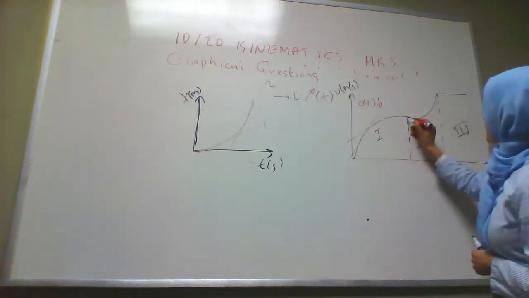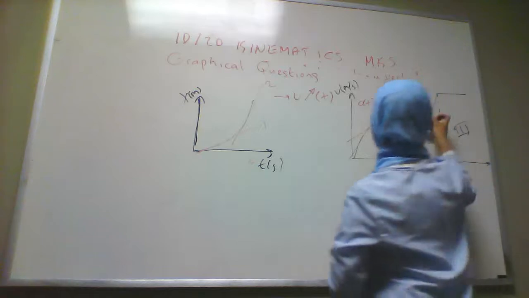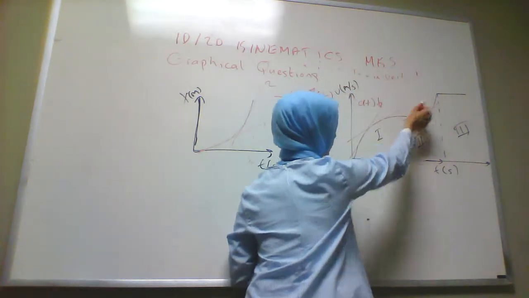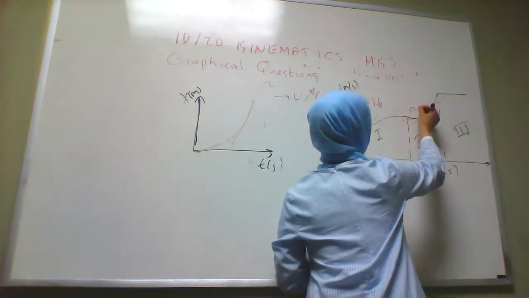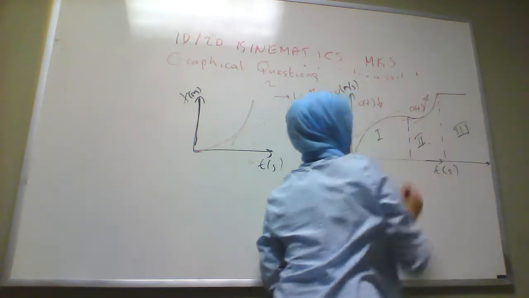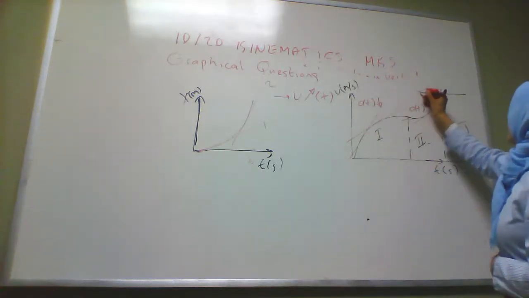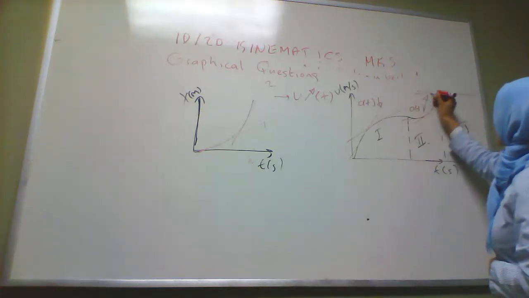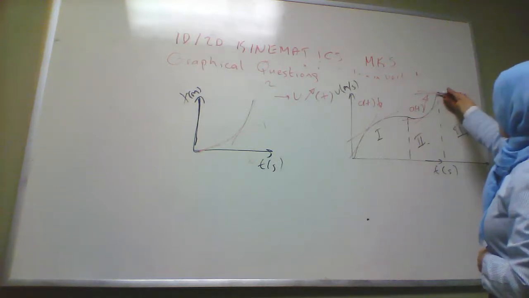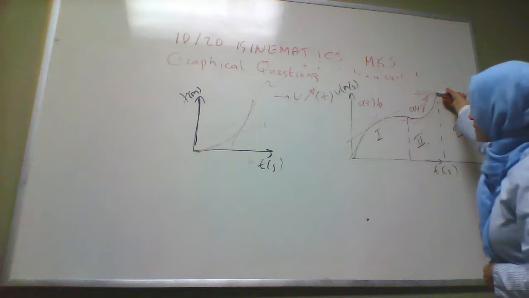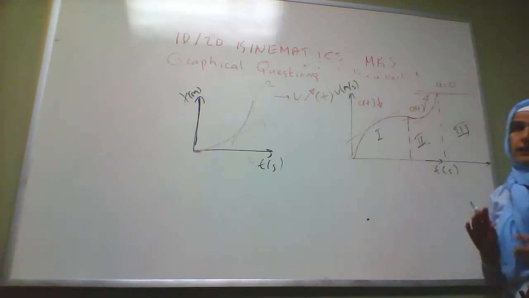In the second section, first line, second line, still positive, but now it is increasing because the steepness is increasing. So here a is still positive, but not decreasing, increasing. And if I draw a tangent line in the third section, a is constant, steepness is not changing, and it is 0 because my tangent line is parallel to the horizontal axis. So a here is equal to 0 and constant.